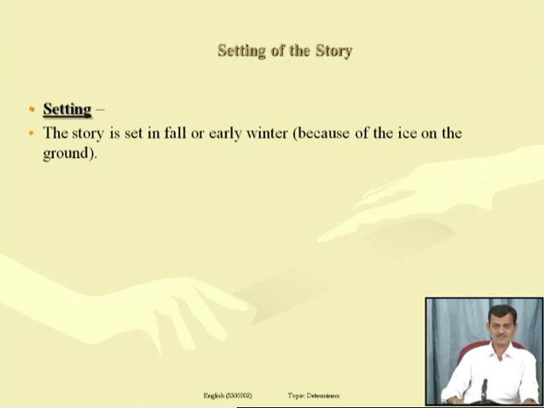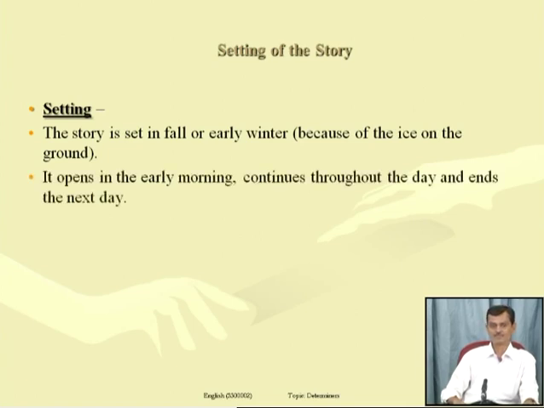When Shaz's father goes out for shooting, the author describes the atmosphere outside the room of Shaz, and there we read that there is ice on the ground. From this description, we can say that the story has been set in fall or early winter.